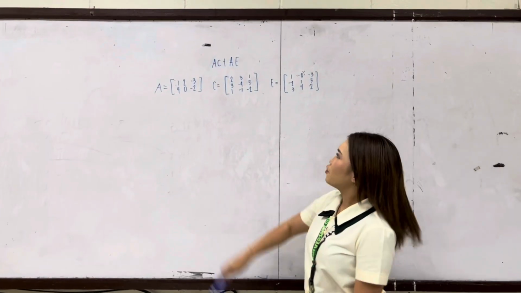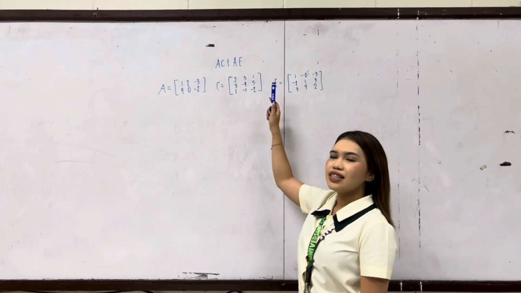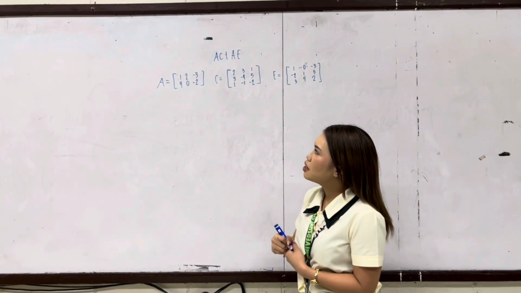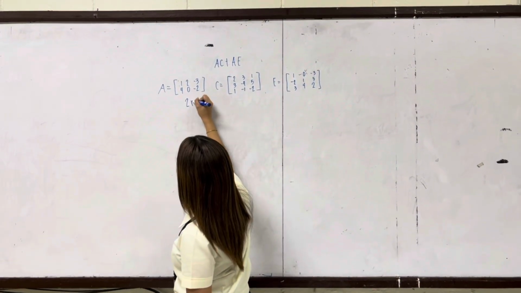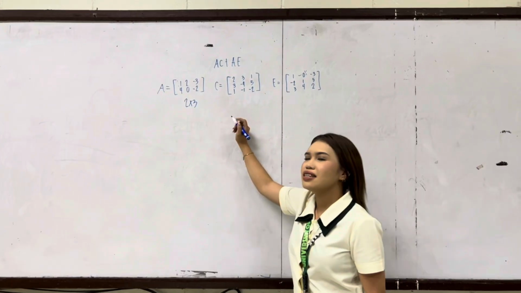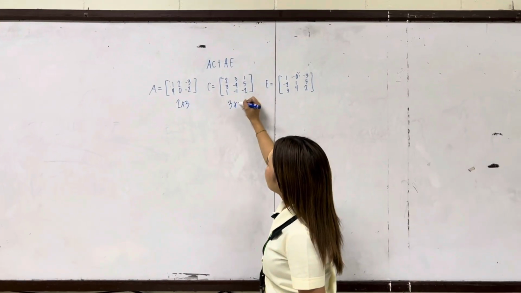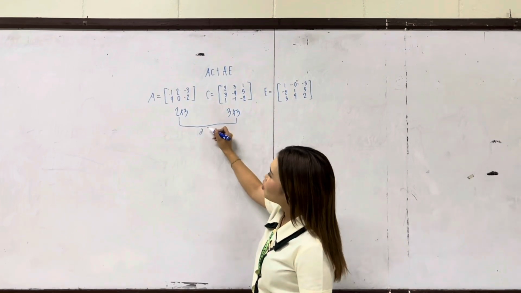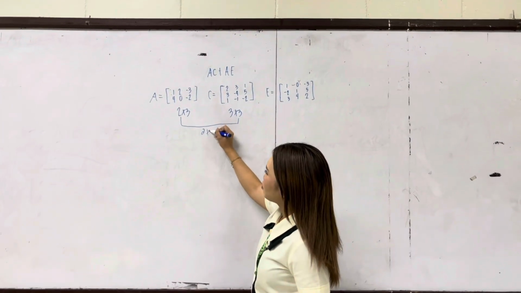Now, let's solve for AC plus A. First, let's solve for AC. Matrix A has a dimension of 2 by 3 and matrix C has a dimension of 3 by 3, so our new dimension is 2 by 3.